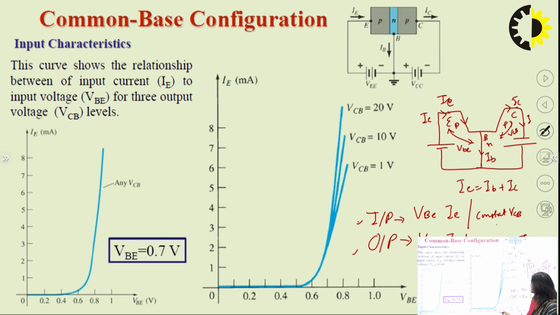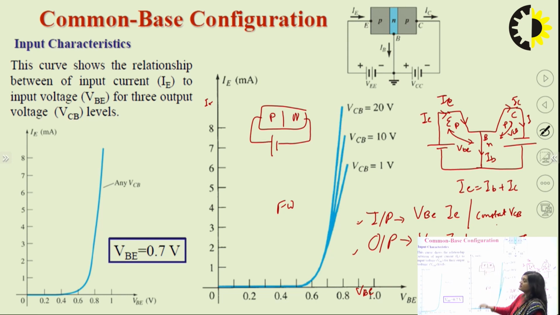So this is the graph, this is our VBE and this is our emitter current IE. So we can see the base emitter junction is forward biased. If we see the forward bias junction, this is similar to a PN junction diode that is forward biased. And if a diode is forward biased, its VI characteristic is like this.